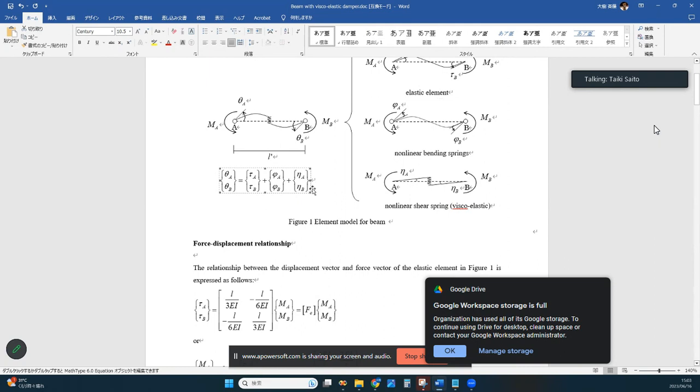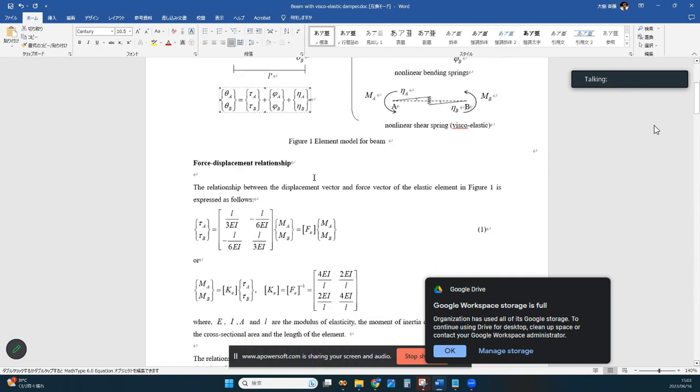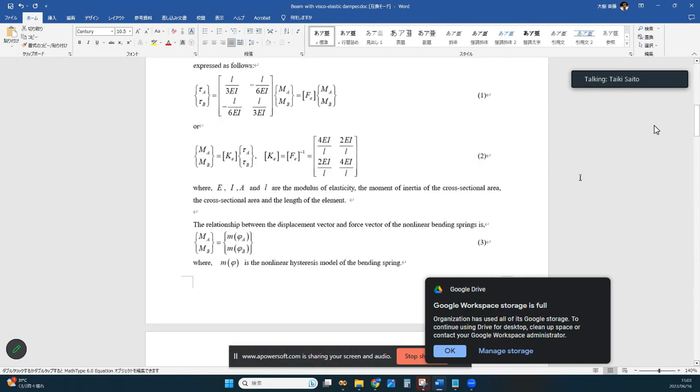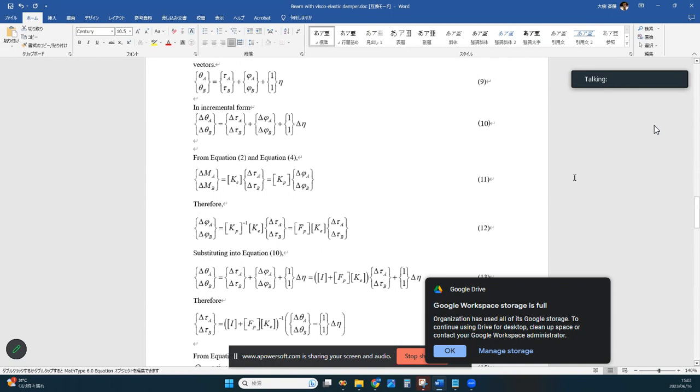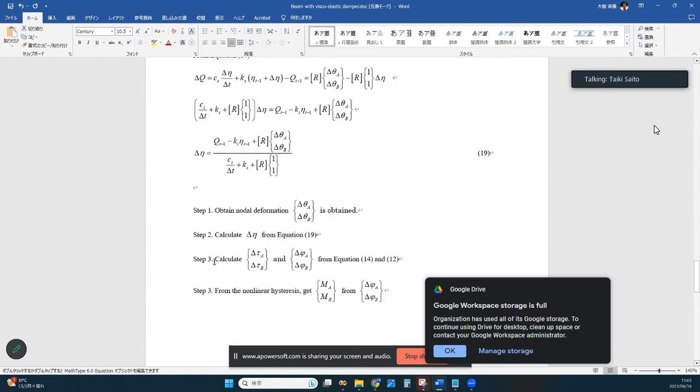So now we obtain this shear deformation, and in step 2, step 3, we calculate the elastic deformation increment and the nonlinear deformation increment.